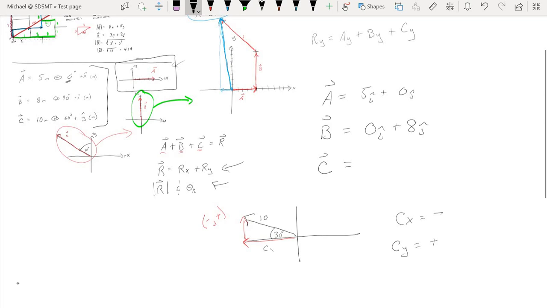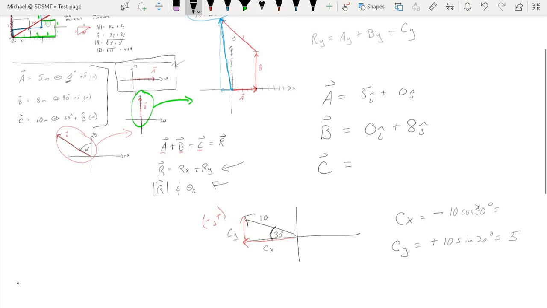The x component, that is the leg that is adjacent to our angle. So we have 10 cosine 30. Our y component is the leg that is opposite the angle, that is 10 sine 30.